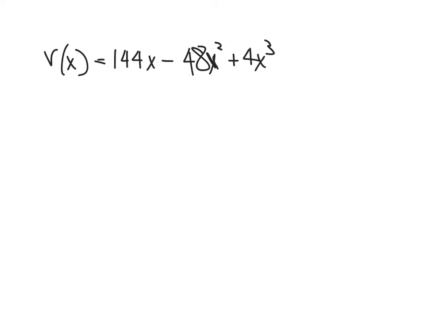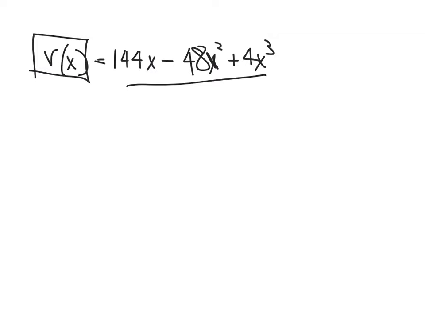What it's asking is to use factoring and then find values of x that give positive values for v of x. So we want this, when we solve it, to be a positive number. We do not want it to be 0, and we do not want it in the negative range. So we're looking for numbers that are greater than 0.